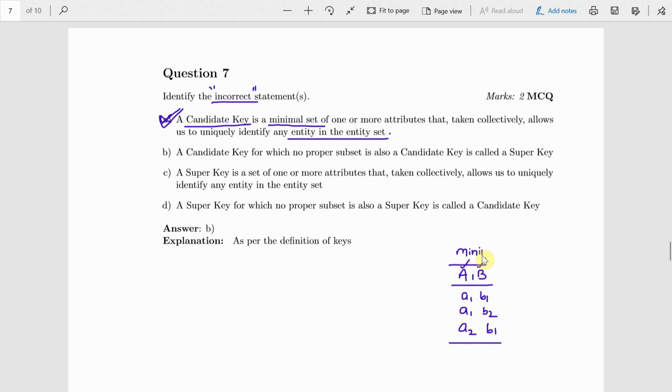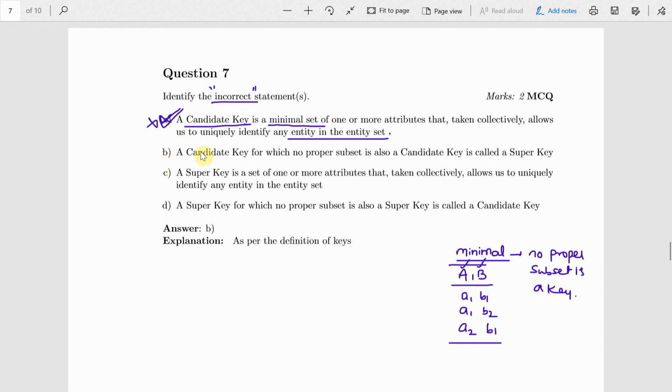Minimal means no proper subset is a key. If no proper subset is a key, it is called a minimal key. This is a correct statement, but the question asks for the incorrect statement, so this option is the wrong answer.